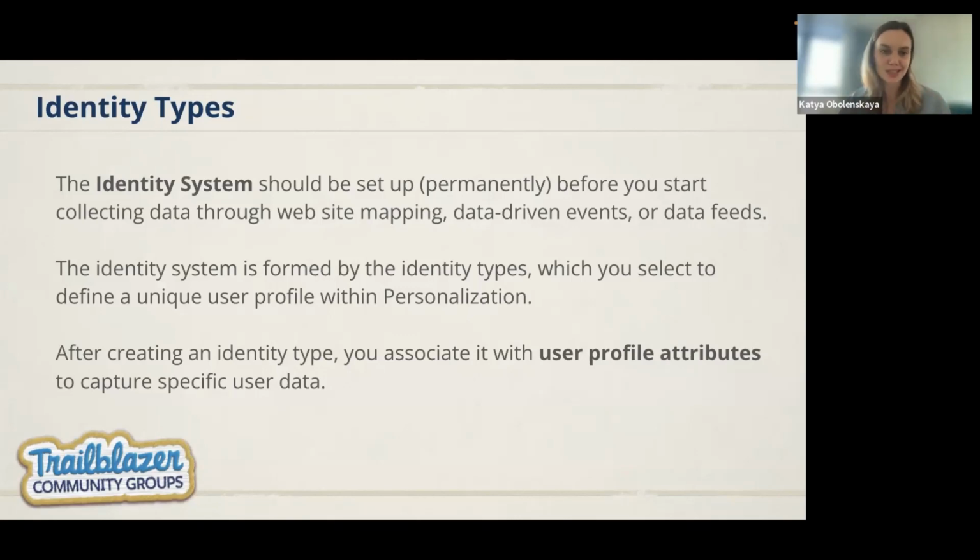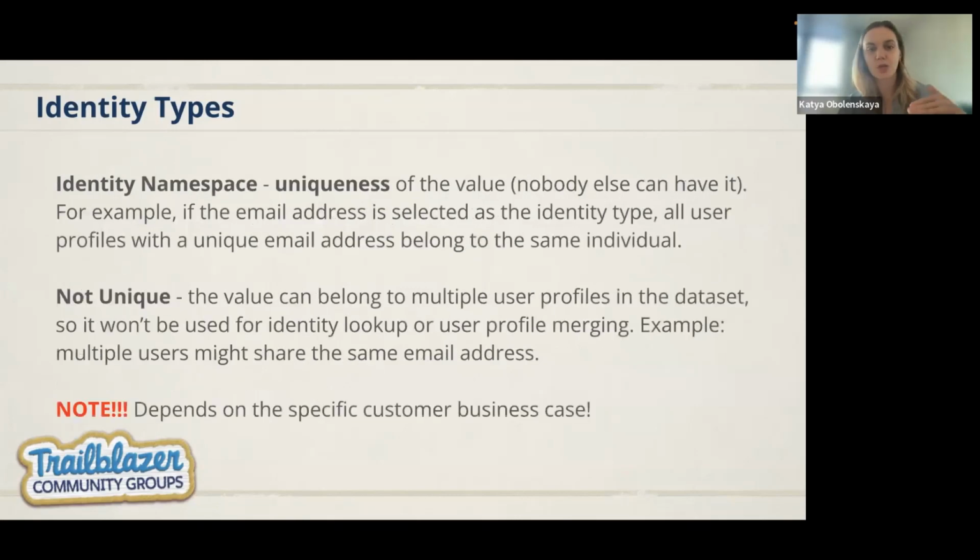We set this up in personalization, but we also divide identification into two different paths or streamlines, where one is related to the uniqueness of the value of the identifier, and the other is when the attribute is used as an identifier, but can appear in multiple profiles.